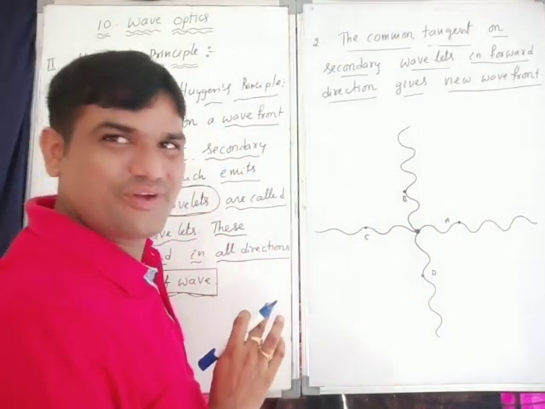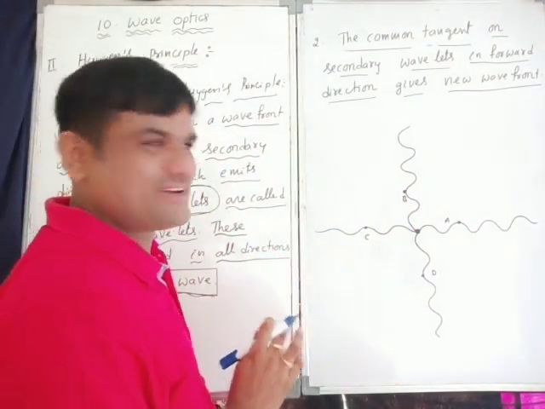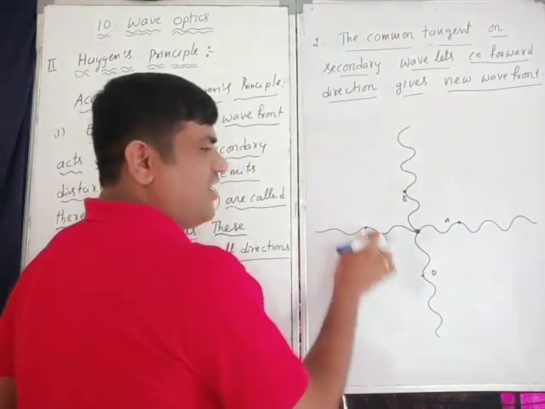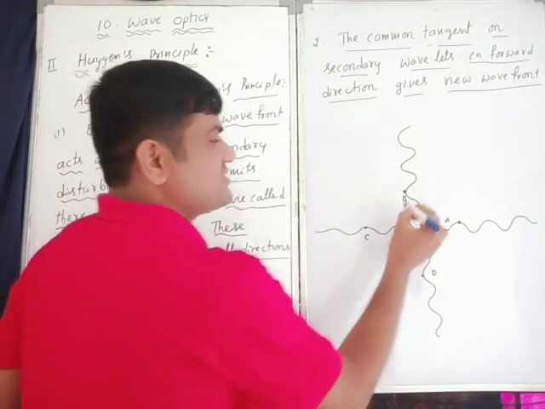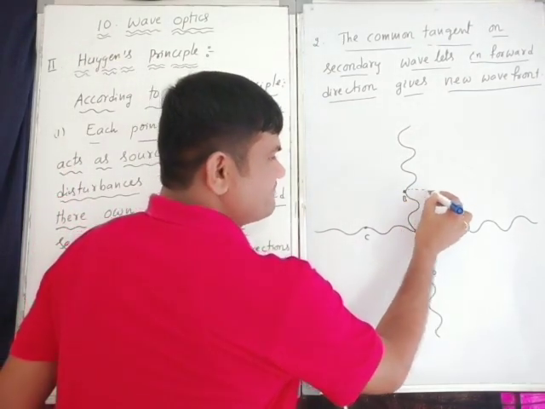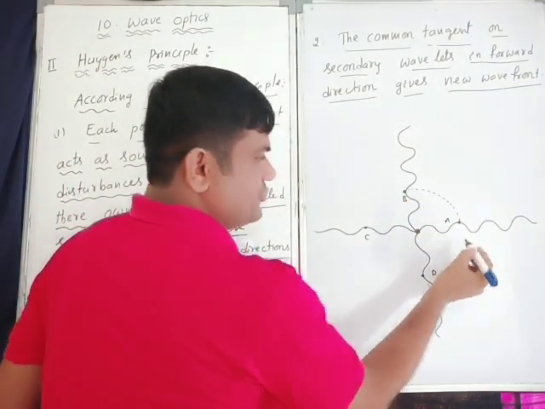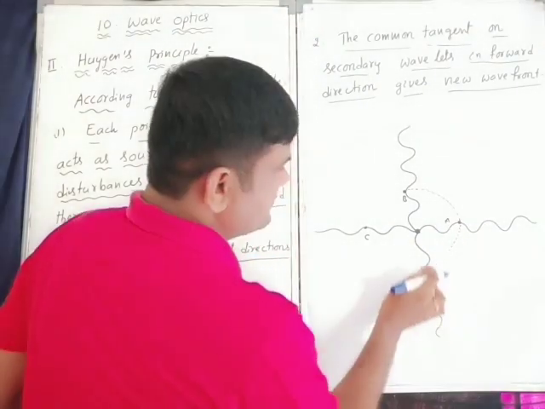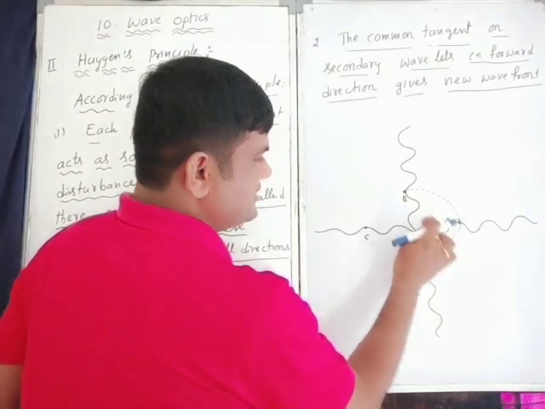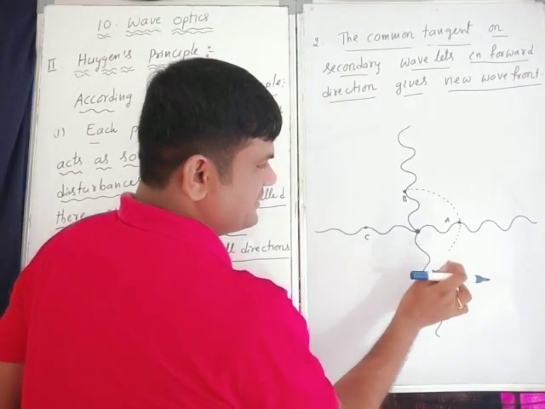That is known as the wavefront. Correct or not? Yesterday I gave it: the locus of all points together, right? So I can join this line, B to A, again A to D. So crest, trough, and crest.